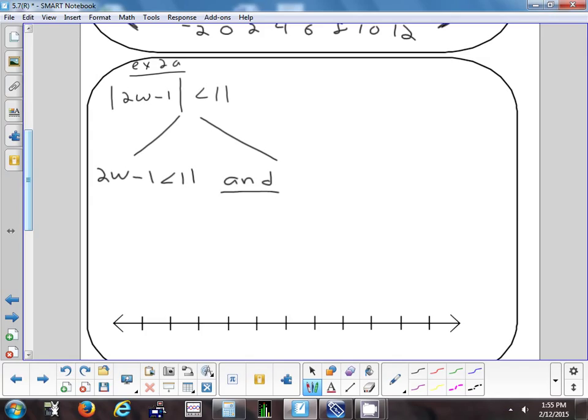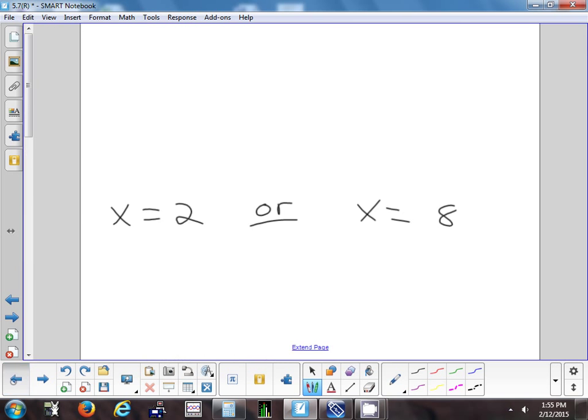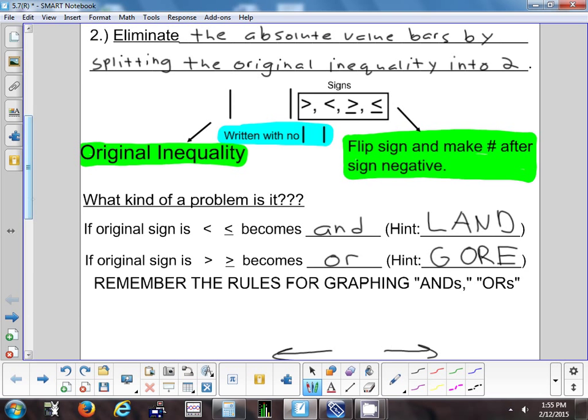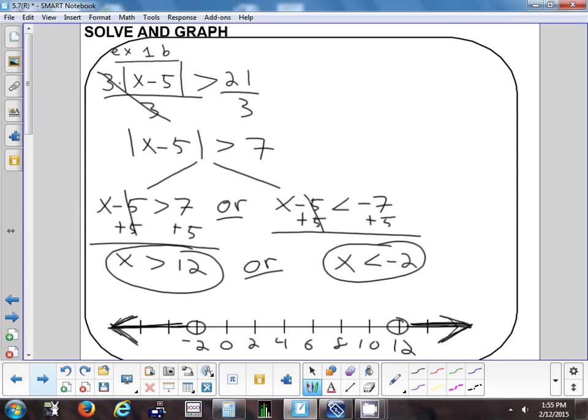That's what Spencer was saying earlier, Victoria. Look at the original sign, right? Remember that's what we talked about earlier? So remember, if it's a less than, it's an and.